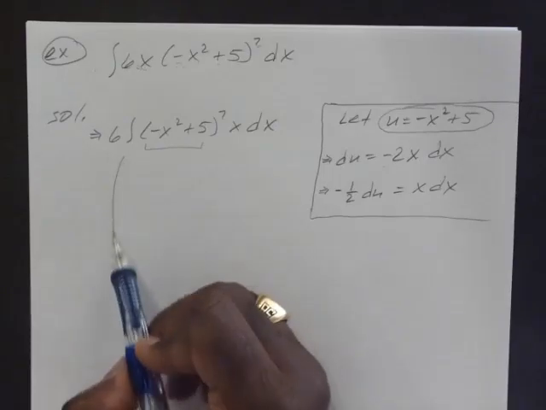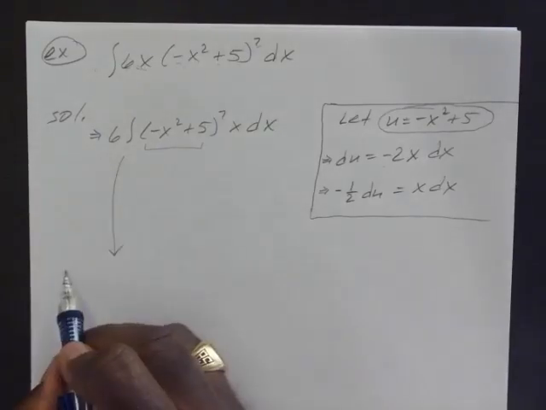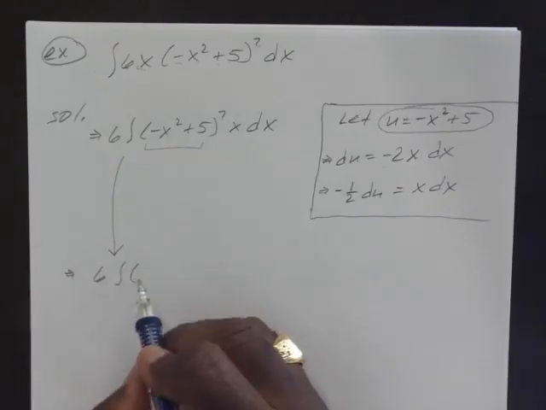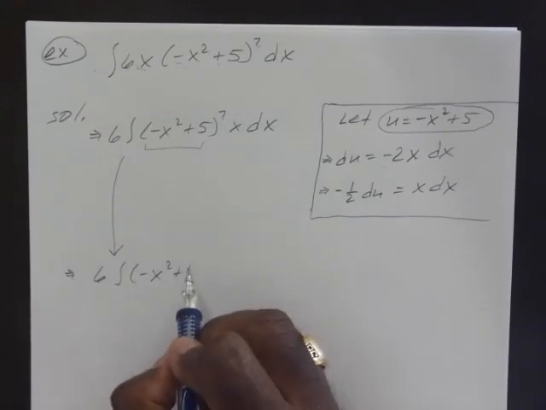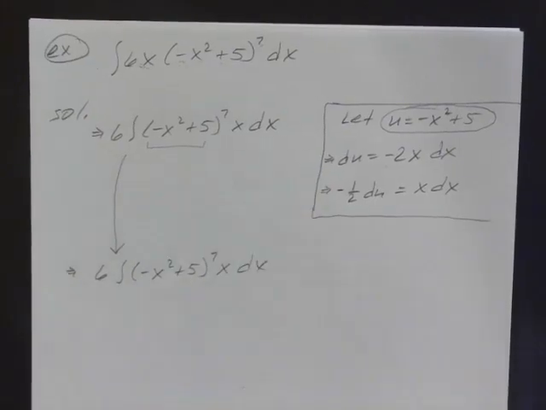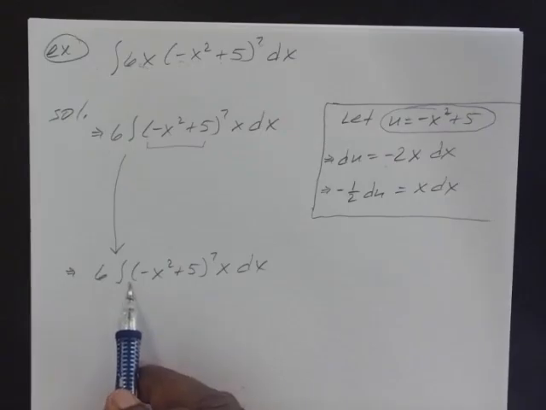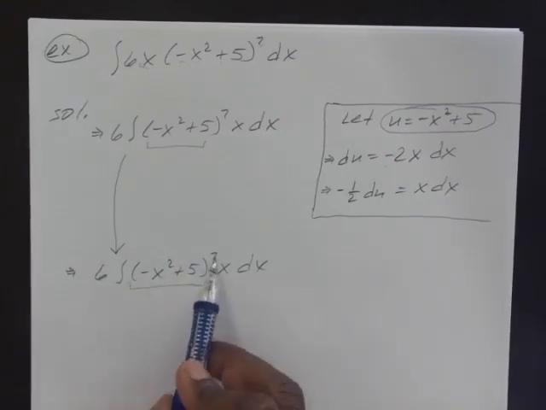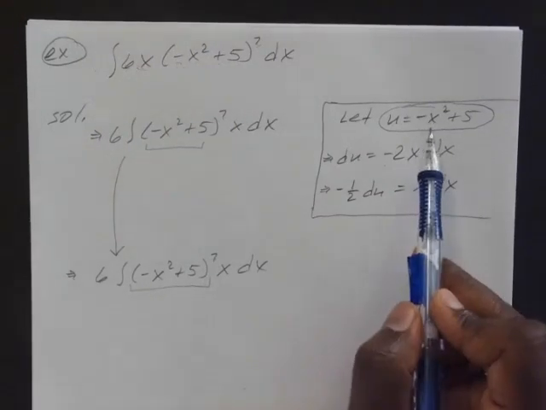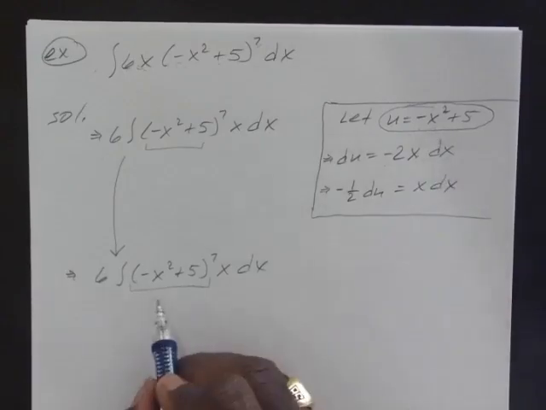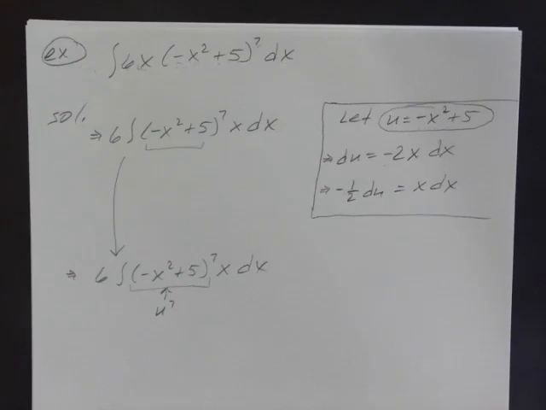Okay, so I'm just going to rewrite this down here. So if we have our 6 times the integral of (negative x squared plus 5) to the 7th power times x dx, you know that this part right here, the negative x squared plus 5, we can replace with u. So this just becomes u to the 7th power.